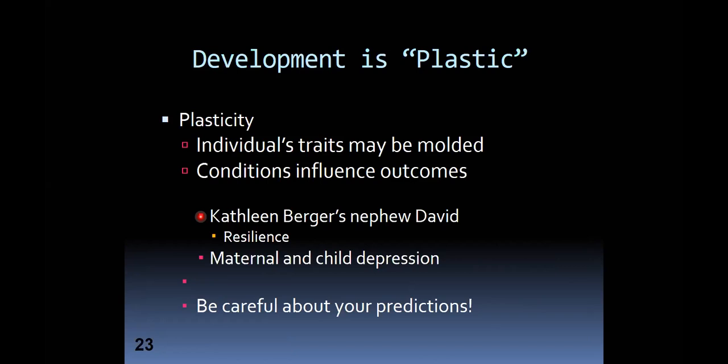But fortunately, the parents had good information that told them about the plasticity of humans, that in fact, our environment can mold the outcomes. And they were told, we as humans have tremendous resilience, especially early in life.